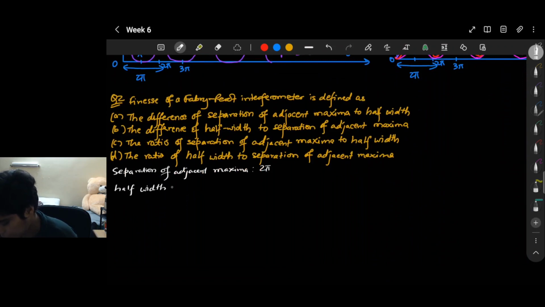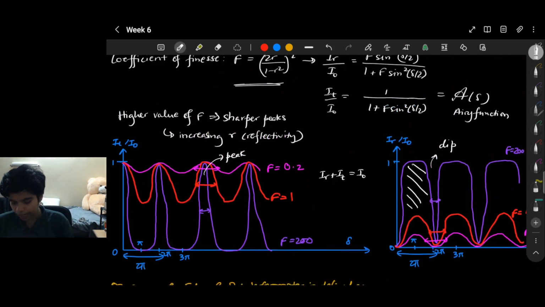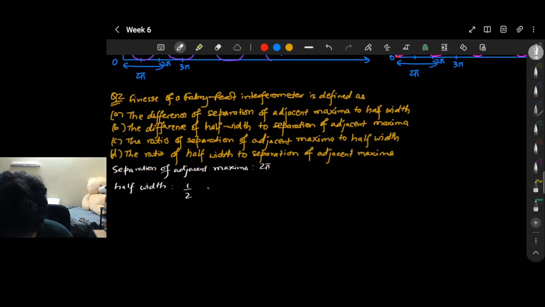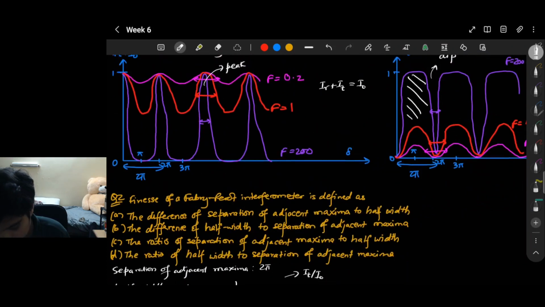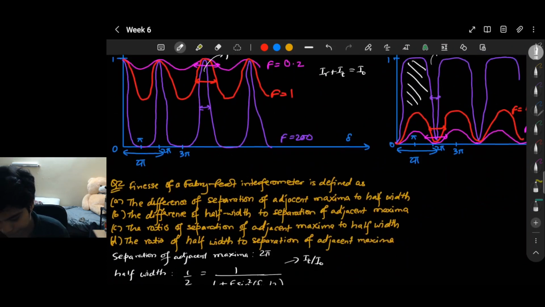Half width can be found out by equating this I T over I naught to half. So half equals 1 over, so add delta half by 2. So delta for which we find half width. This is basically nothing but I T over I naught. We are trying to find out this half width.